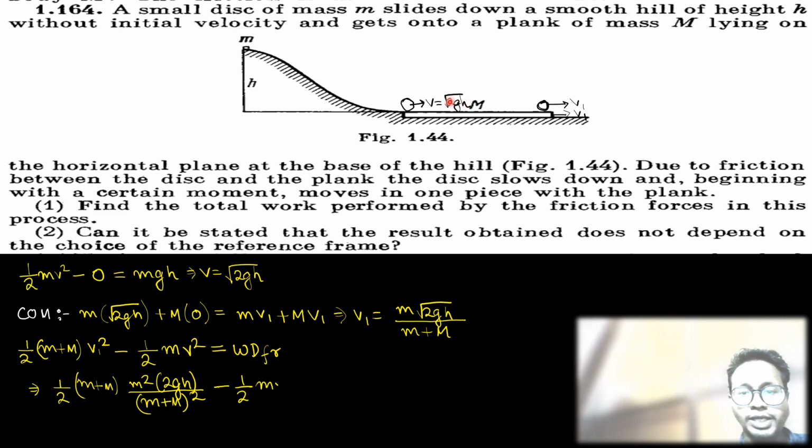What is v square? 2gh. So it is half m into 2gh is equals to the work done by friction force. So let's eliminate this one. m plus M will get cancelled. The 2s out here will get cancelled. So let me eliminate this one.